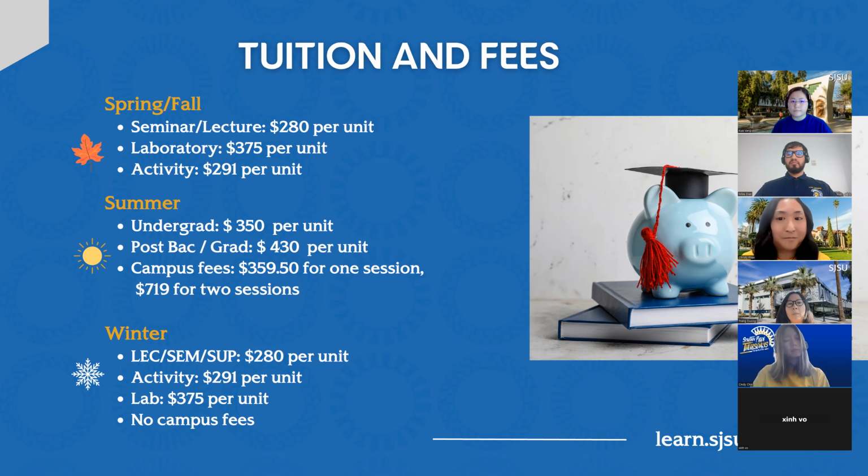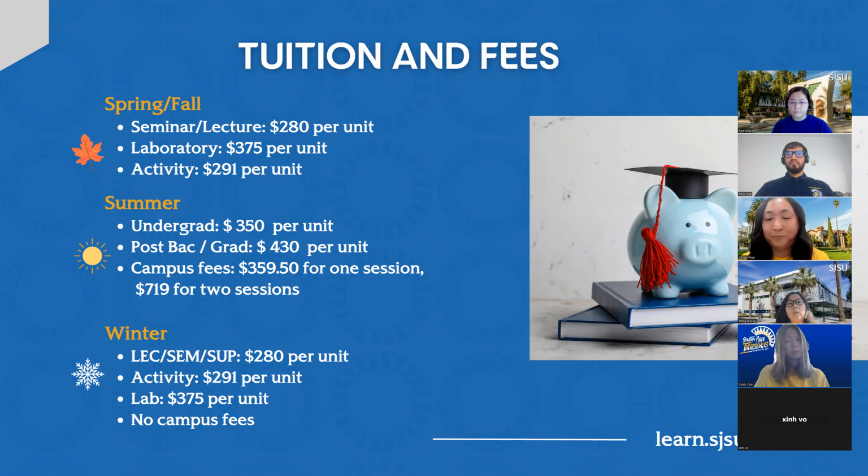For the summer, the charge is a little bit different. Undergrad students will pay $300 and $350 per unit, while grad students or post-bac will pay $430 per unit. Please note that the campus fee is for matriculated students.